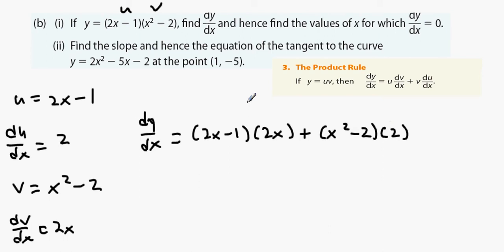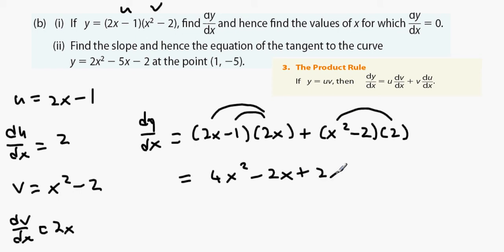Now we're going to multiply these out: 2x by 2x is 4x squared, minus 1 by 2x is minus 2x, multiply 2 by x squared and you get plus 2x squared, minus 2 by 2 gives you minus 4.